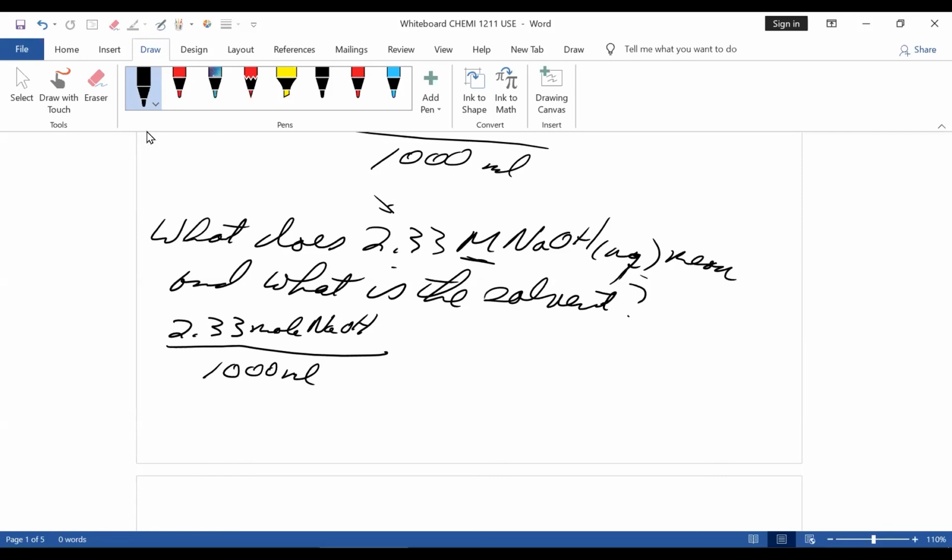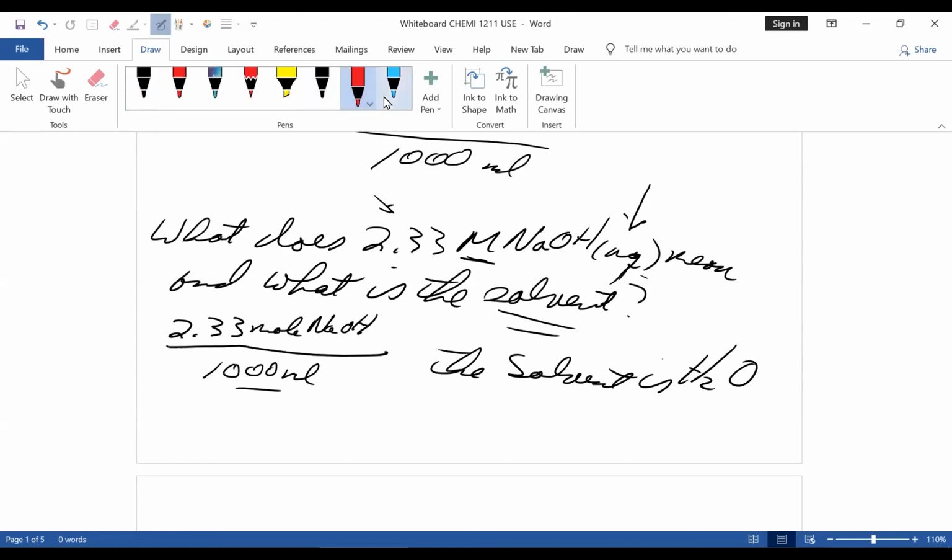If you put liter, that's okay, but in our calculations, this is more helpful. Bracket AQ close bracket tells you the solvent is water. Whenever you see AQ in a bracket, aqueous, that's shorthand or abbreviation, that tells you the solvent is water.